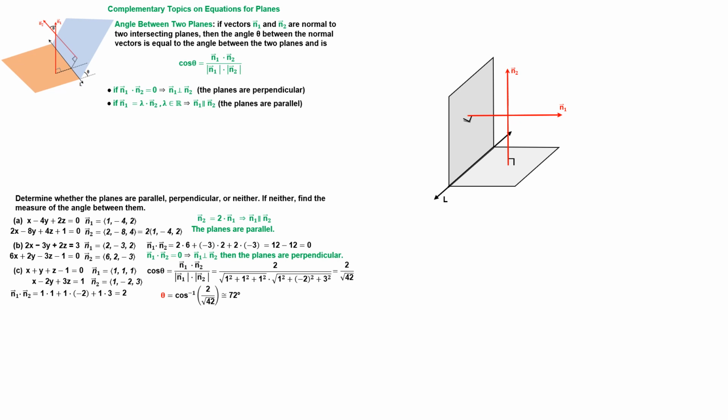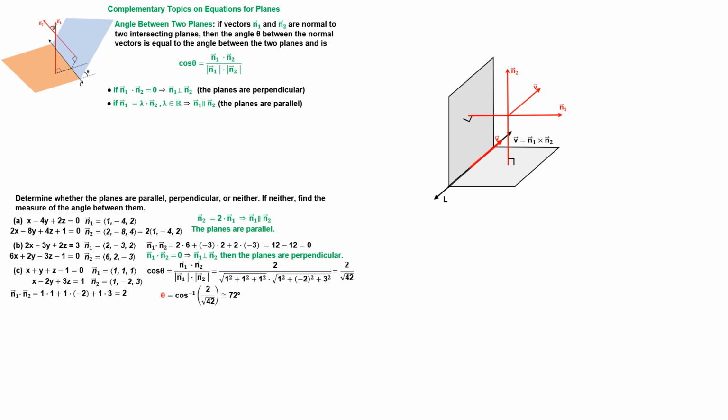Now we observe that since the line lies in both planes, it is perpendicular to both of the normal vectors. Thus, a vector v parallel to the line is given by the cross product between n1 and n2.